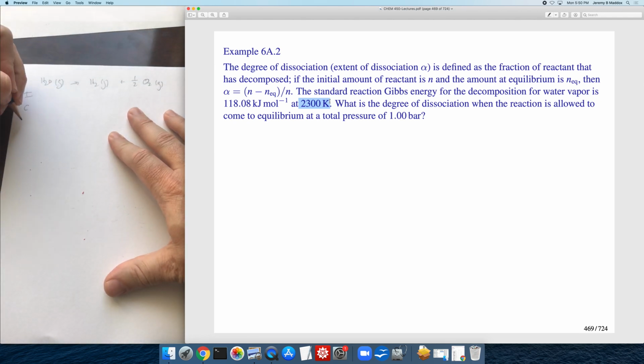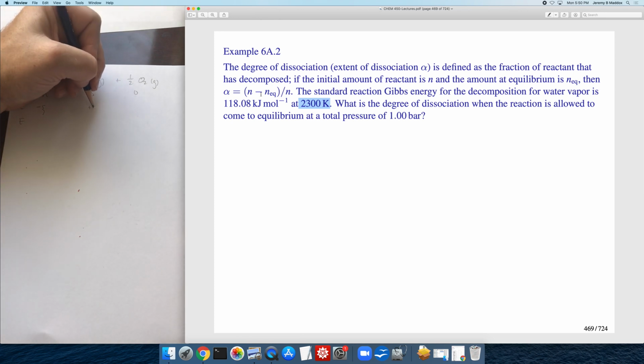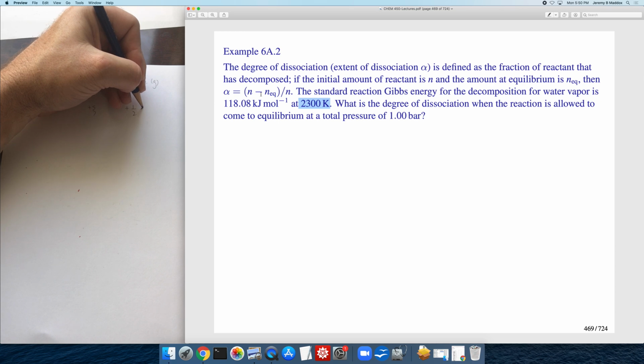All right, so setting up the ice table, we've got a certain number of moles of water vapor and no products initially. Now, some amount of this is going to react based upon the definition that we have here. Normally we would be putting minus our extent of reaction, plus our extent of reaction, plus 1/2 our extent of reaction there.